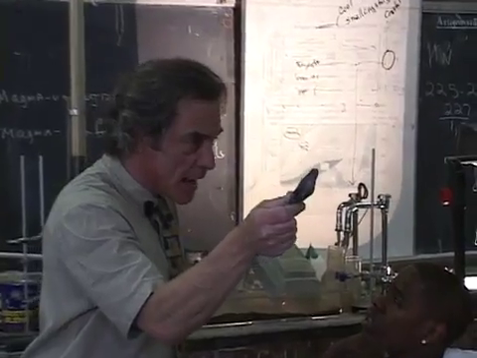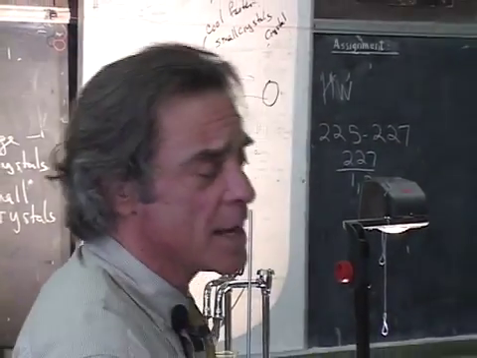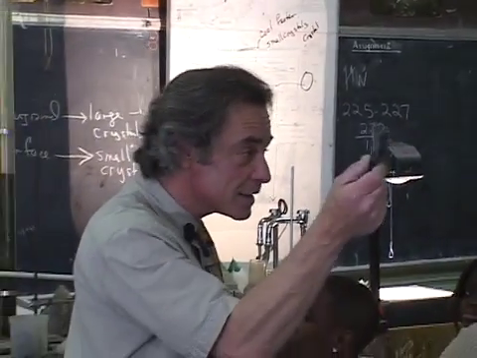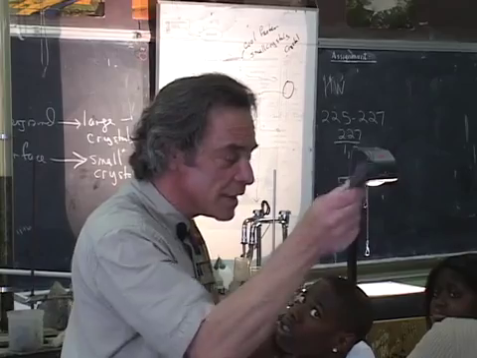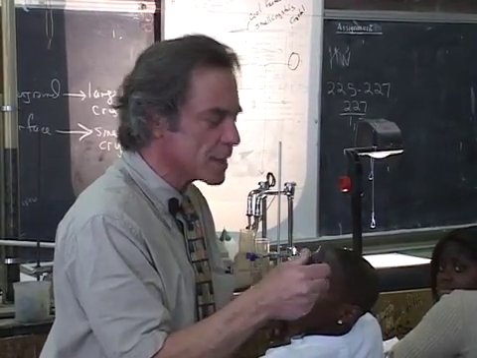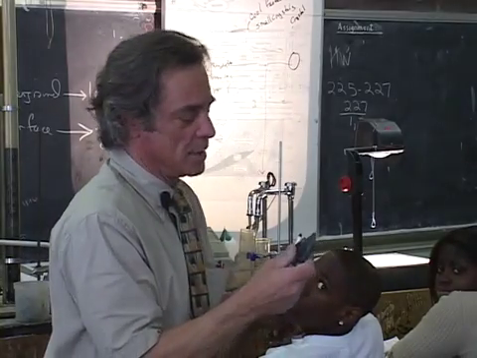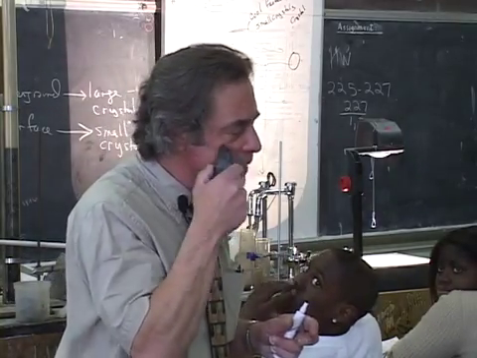If you ever wondered how the cavemen shaved, how did they shave before they had this? If you hit it the right way, it flakes off and you get something as sharp as a razor blade, even sharper than a razor blade. And that's how they shaved.